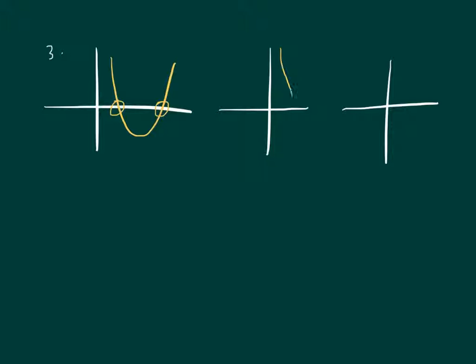The next one will just touch in 1 point, and the last one will not touch at all. The x-axis is called the real axis. So this is real, and that means if the graph of the function crosses the x-axis, it has at least one real root. In this case, it crosses in 2, so these are 2 real roots.